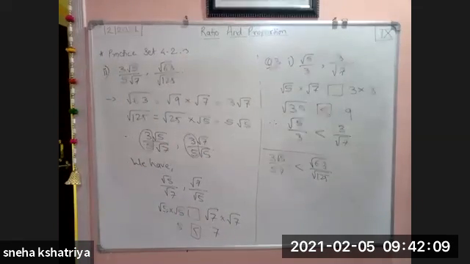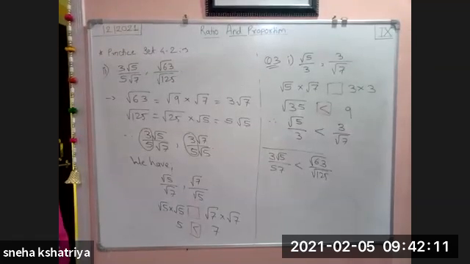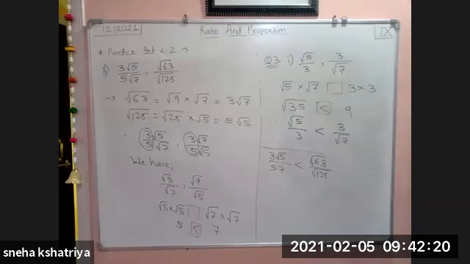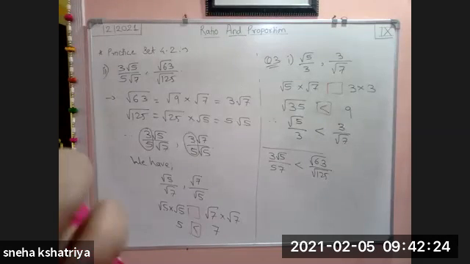You have to find out the ratio which is smaller and which is bigger. In this way you are going to solve the next few examples. It is very easy. You can try it.